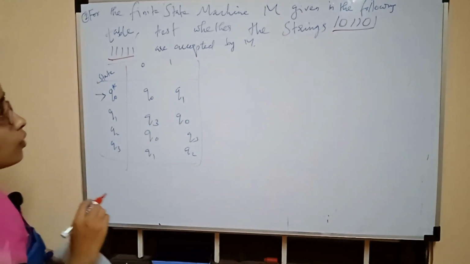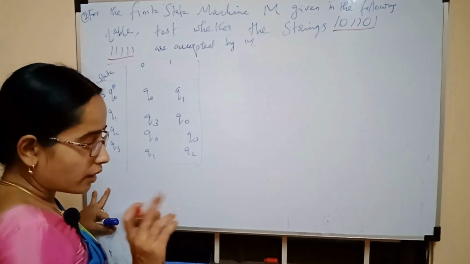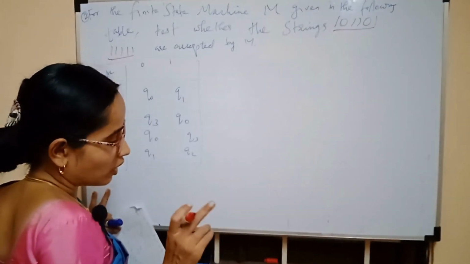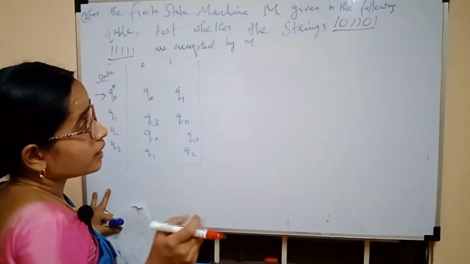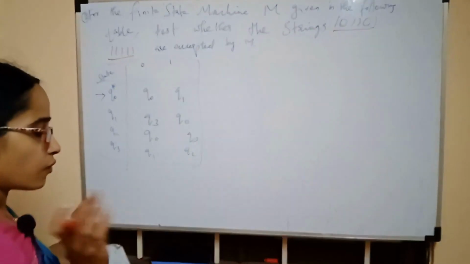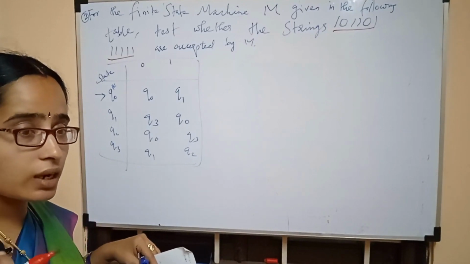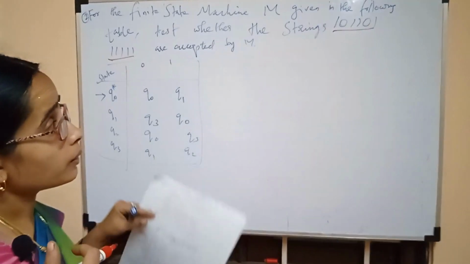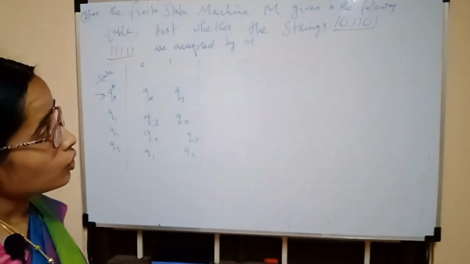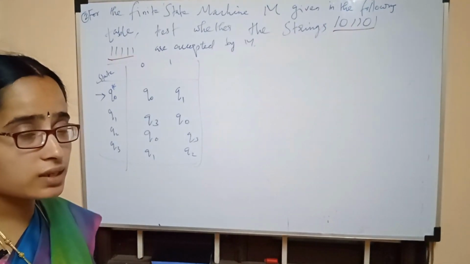Okay, so now how will you check? We have already discussed what is language acceptance. When will you say a given string is accepted by a finite state machine? Language is a set of strings, right?